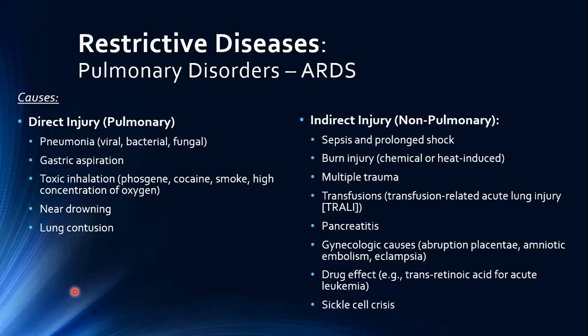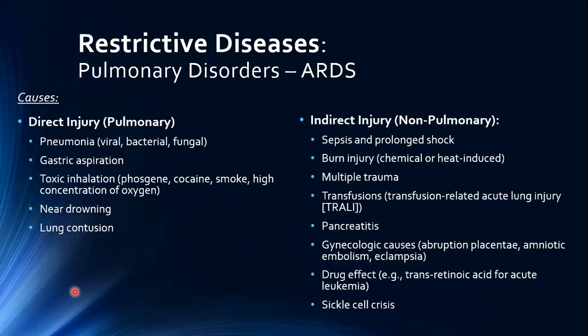Pancreatitis, and then gynecologic issues from women, like abruption of placenta, amniotic embolism, or eclampsia. So gynecologic issues that are acute can lead to ARDS in women. Drug effects, like transretinoic acid for acute leukemia. So you don't have to know all that, but if you get a bad reaction to a drug, it can cause ARDS.